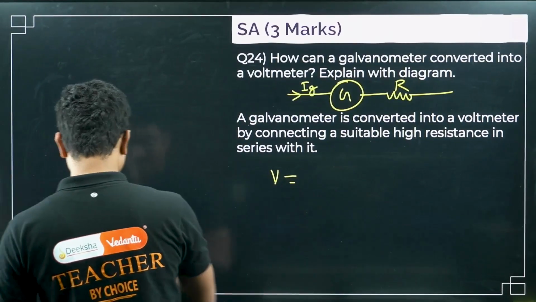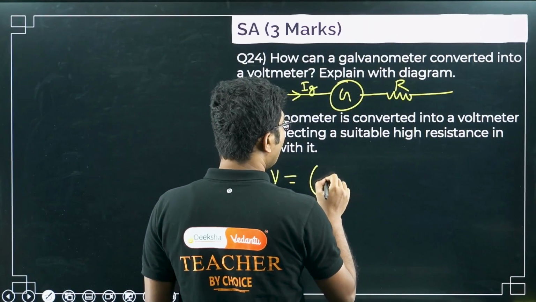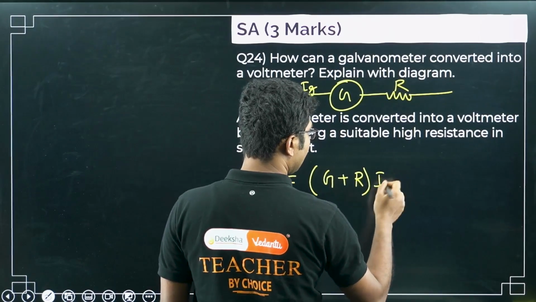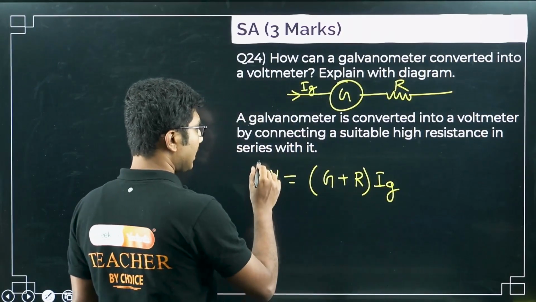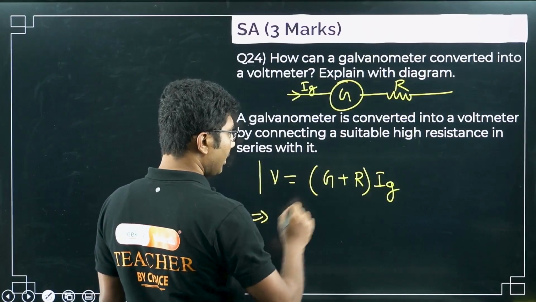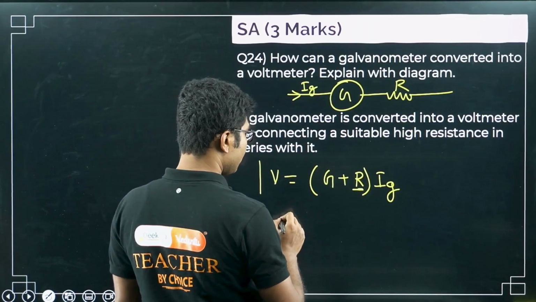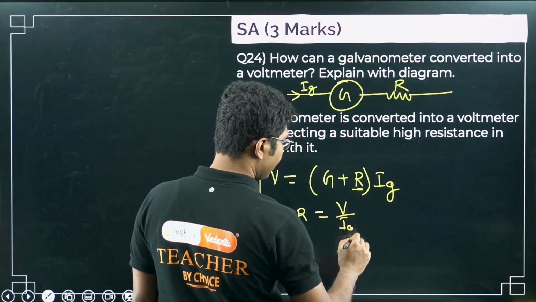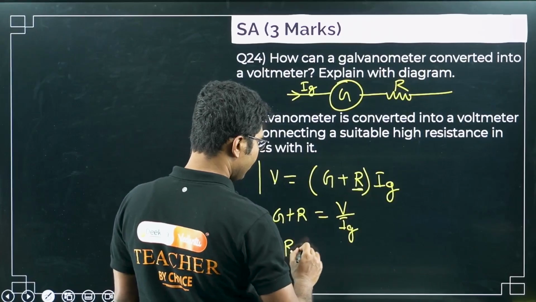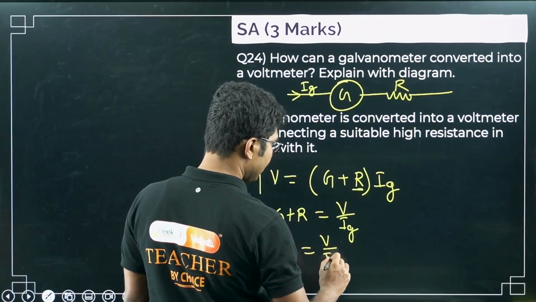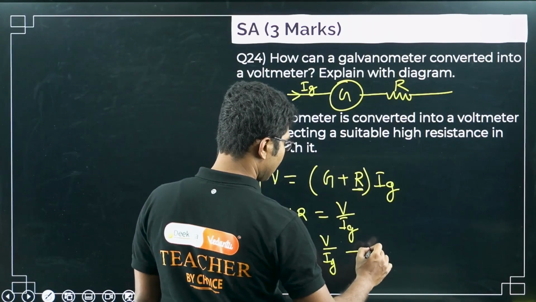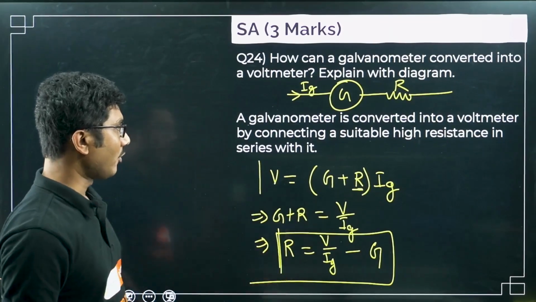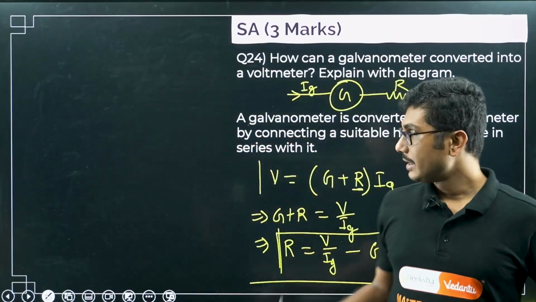You have to write this equation, or from here you have to find the value of R. So G plus R equals V by Ig, or R equals V by Ig minus G. The same thing that we used to calculate the formula in the problem that we solved, right? This is the formula.